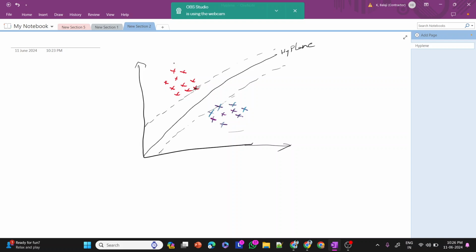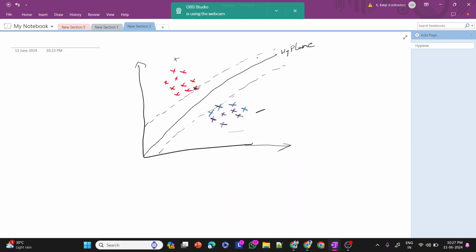Let's take this group as positive and this group as negative. The hyperplane will separate these two groups, and two other lines are created that are parallel to this hyperplane. Those lines will touch the nearest point of each group.